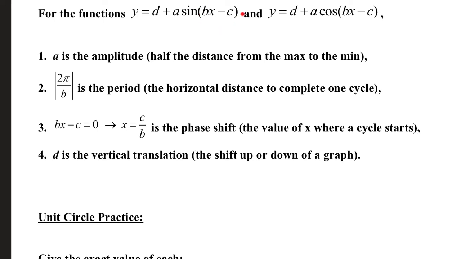That's when you set the entire angle equal to 0 and solve for x or theta, depending on your function. And that'll tell you where to start the oscillation. Adding period tells you where to stop the oscillation. We'll get into that in more detail. If a constant is added or subtracted to your sine or cosine function, then that's a vertical translation, and you'll shift your graph up or down depending on the sign of that constant d.